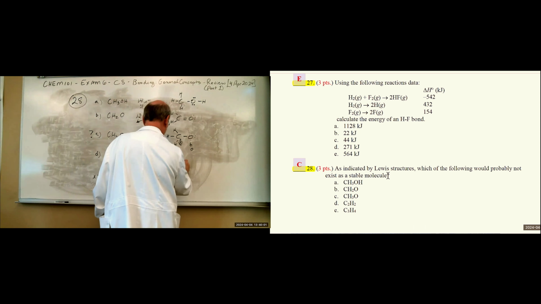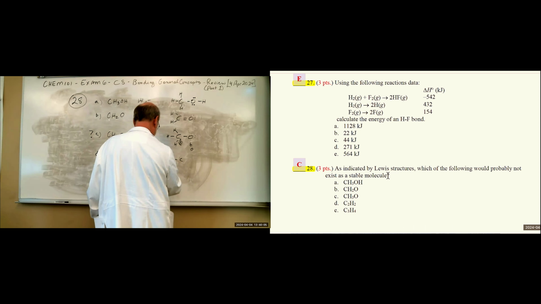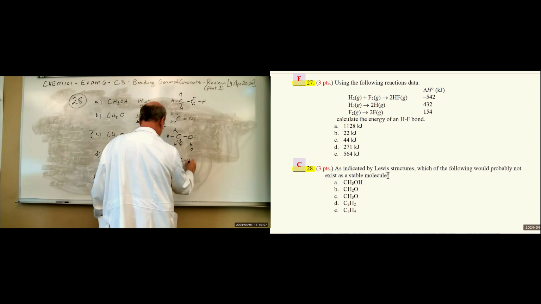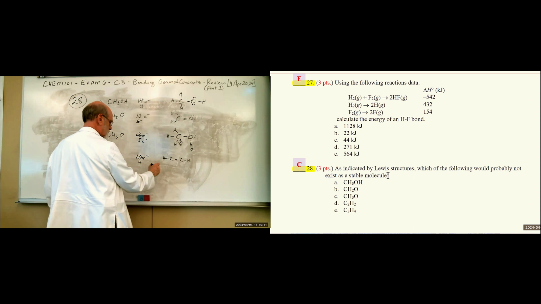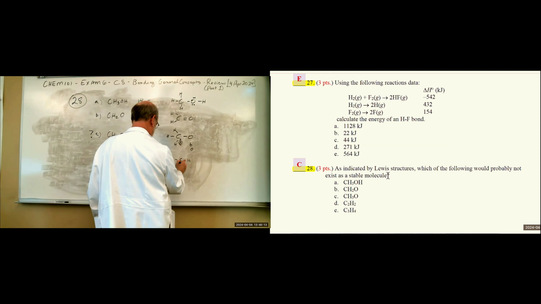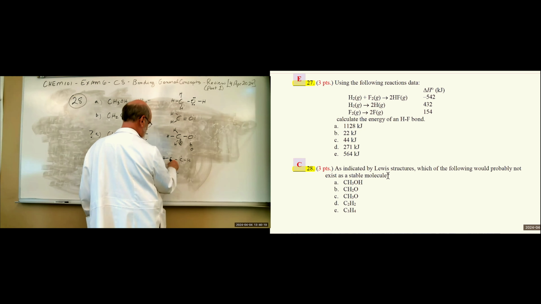This is carbon, excuse me. 1 hydrogen here, 1 hydrogen there. 2, 4, 6. So we have 4 electrons left over. 1, 2, 3, 4. So we need to make 2, 4, 6.